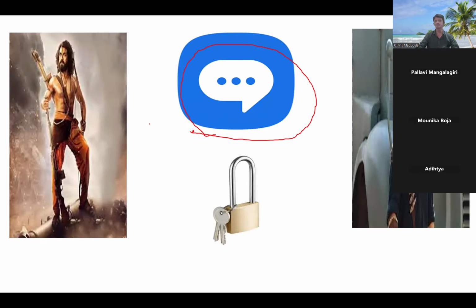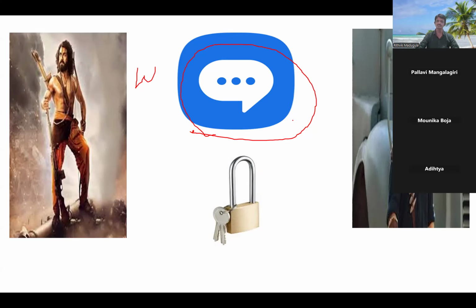So let us just suppose Ram has some sort of weapons with him. He needs to send these weapons to Bheem so that the message regarding the weapons will not be disclosed to any of the soldiers. And this is the message that Ram wants to send to Bheem. So if there are any sort of errors that take place in this particular message, the details of the weapons will be corrupted or interrupted.